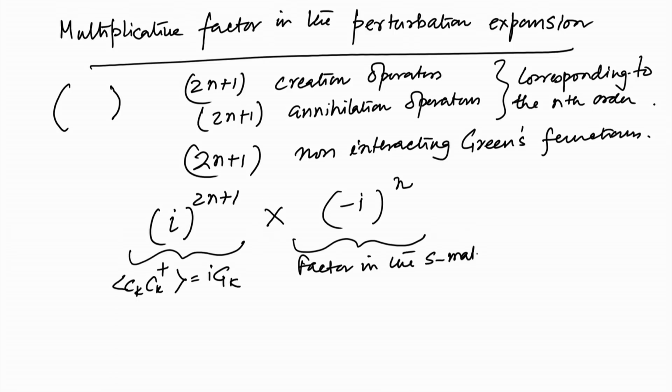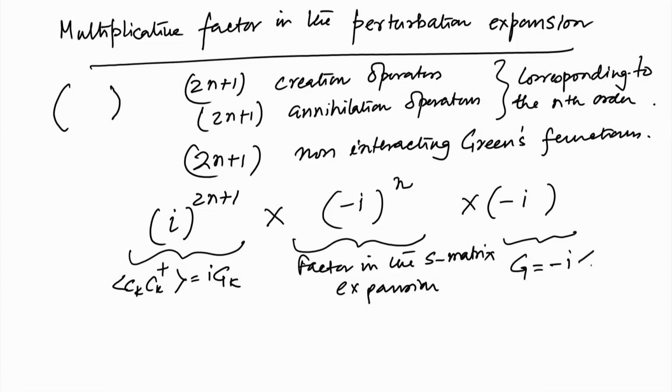The S matrix expansion has a factor of minus I to the power n, and there is a minus I that comes from the overall interacting Green's function, because G is equal to minus I times the time ordered product. So, if you multiply all that, it becomes I to the power n. So, typically the nth order Green's function will have I to the power n.